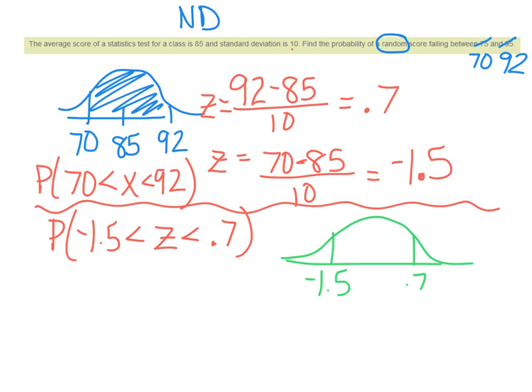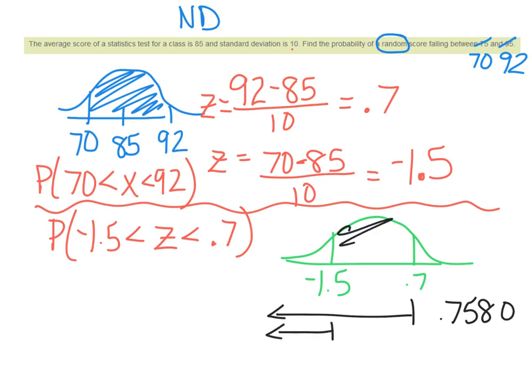Using our z-score table, area to the left of 0.7 is 0.7580. Area to the left of negative 1.5 is 0.0668. If we want area in between, we are going to take those two values and subtract them.